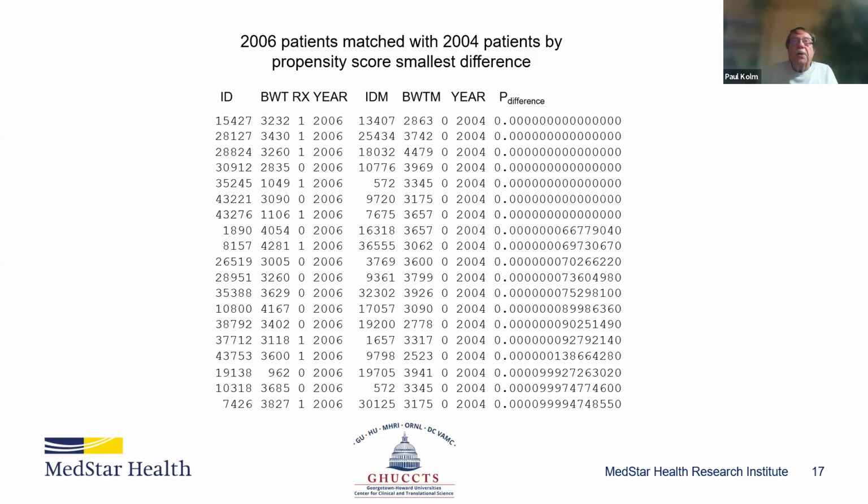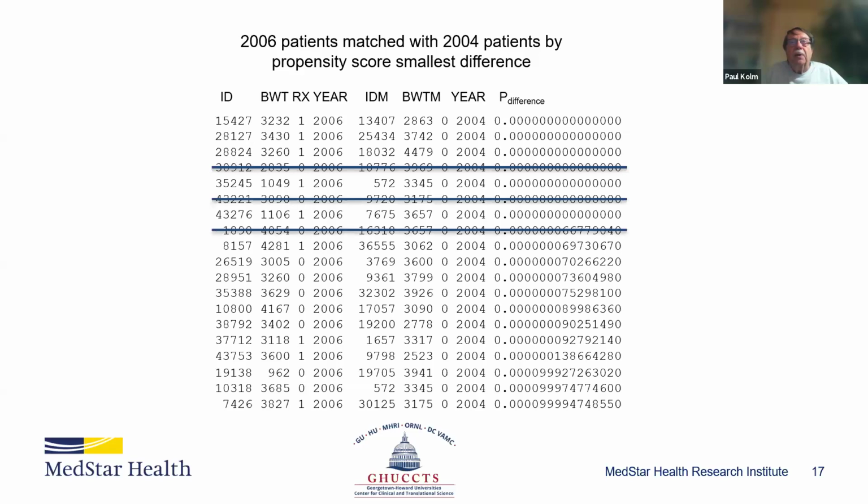You notice, though, that there's a number here that we can't use. For example, here's a matching pair, but the patient didn't participate in the intervention, so we can't use that patient.